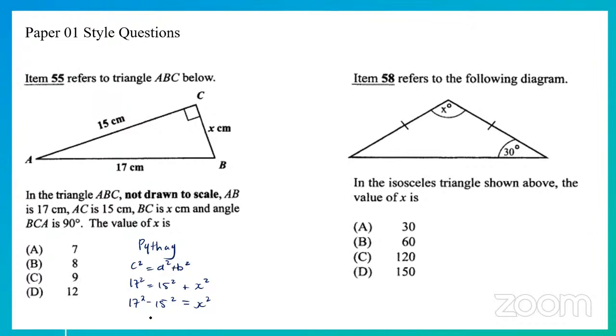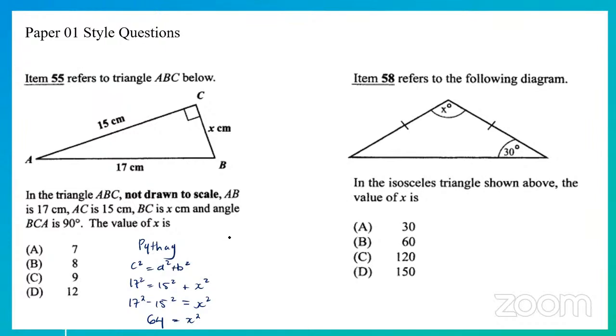All right, so 17 squared minus 15 squared is giving me 64. As I said, when you're in the exam, you'd have to do that part on the paper, because this is paper 1, of course. So 64 is equal to x squared. Bringing that over this side, what we do when we have a square sign, we use our square root on both sides.